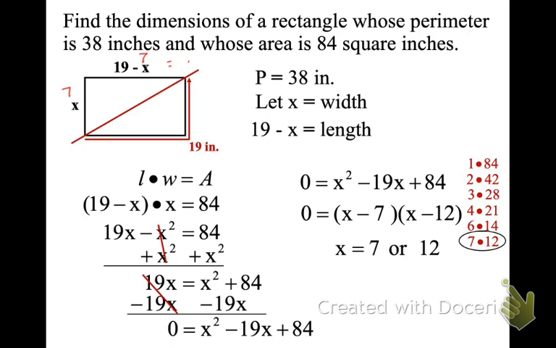But if x is 12, it makes this side equal to 7. If x is 12, it makes the shorter side bigger, so that is the one that doesn't make sense. All right? So now we have 7 inches and 12 inches.